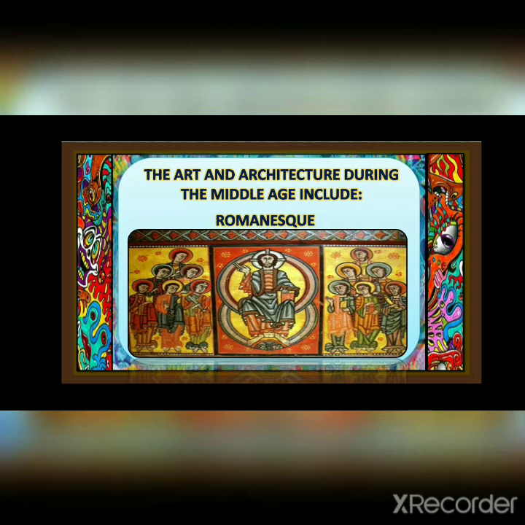The church was also responsible for the development of sculpture during the period. Since most people were unable to read, sculpture was used to teach religion. Hence, the churches were covered with reliefs and statues portraying Bible teachings.